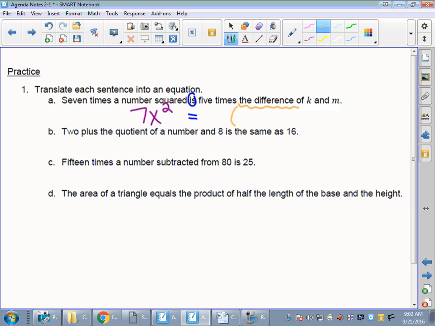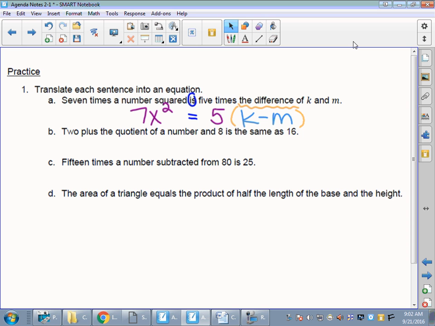So I know I'm going to have parentheses. 5 times that difference gives me a 5 on the outside. The difference of k and m, everybody remembers that difference means subtract, right? Pull out those old notes if you need to for those clue words.